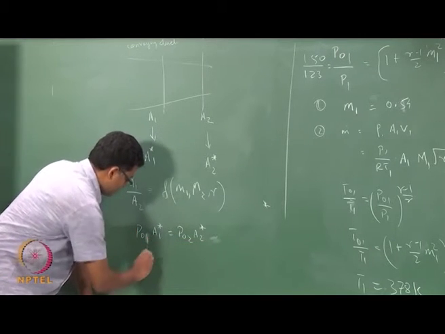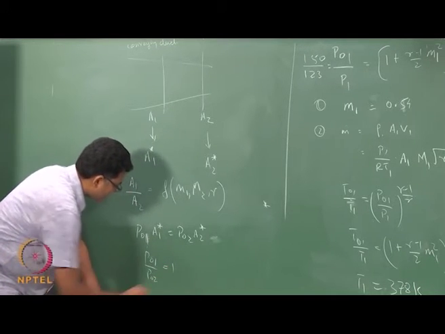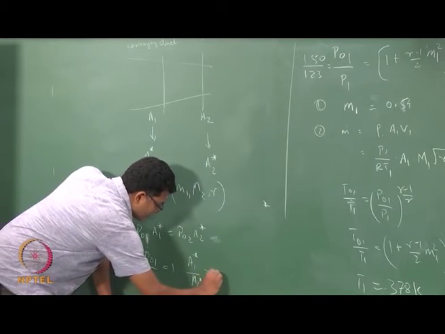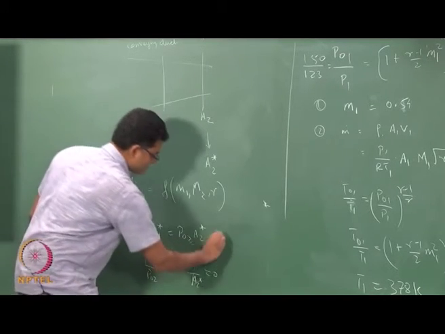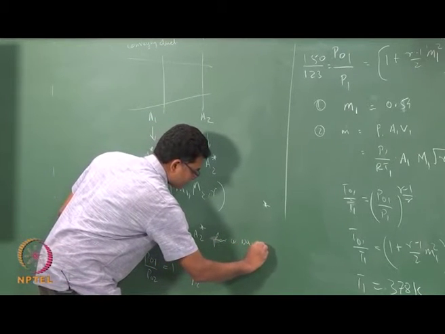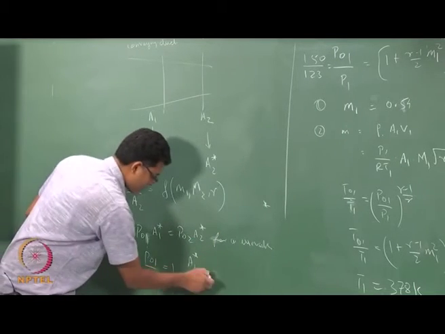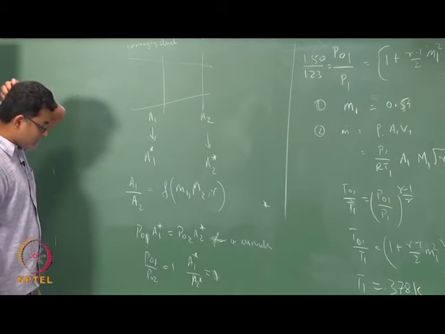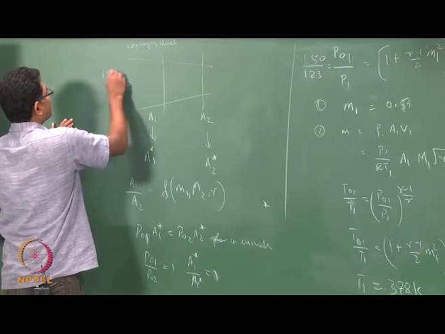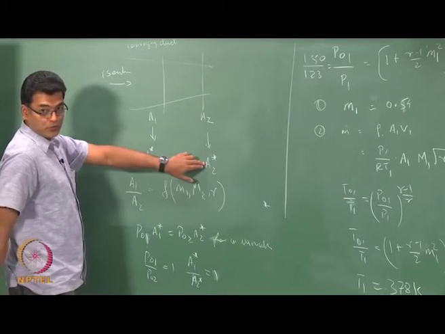So, if it is isentropic, P01 by P02 equals 1 and A1 star by A2 star equals 1. So, this is for any process, for an irreversible process it is not equal to 1. So, if this is an isentropic process that is happening here, my A star 1 is same as A star 2.